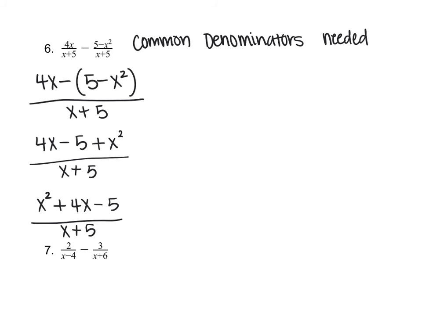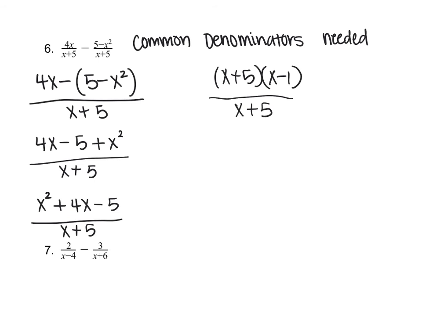So I'm looking for numbers that multiply to -5 and add to 4, and there's only one way to multiply to 5, 1 and 5. And there is a way for those two numbers to add to 4, and that's if we use +5 and -1. So when I factor it, I get x plus 5 times x minus 1 over x plus 5.